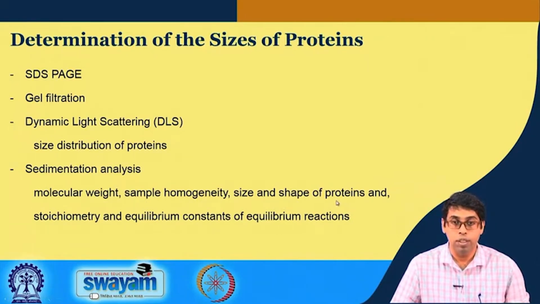So, whether your protein is spherical or whether it has a disc like shape or a rod like shape, this kind of information you can get from sedimentation analysis. And finally, if there is an equilibrium between, let us say, a monomer and a dimer, then the equilibrium constant can also be determined using sedimentation analysis. So, these are again more sophisticated experiments which can be used to characterize your protein of interest.